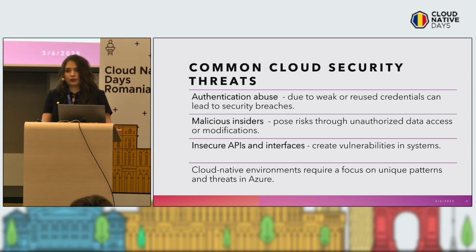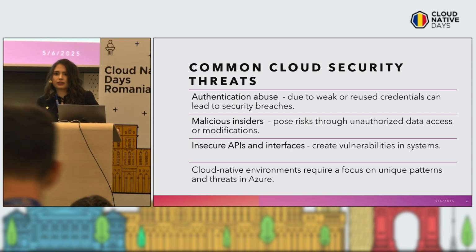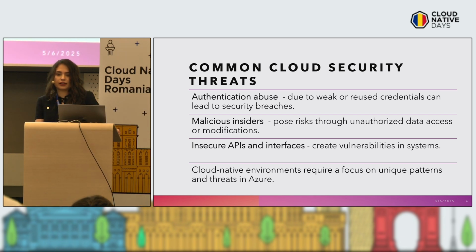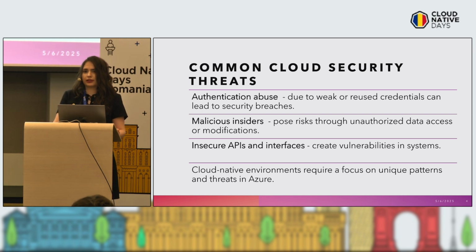It's different from authentication bypass, as the users are authorized, but there are flaws in the authentication system that are exploited by attackers. Next, malicious insiders, whether intentional or accidental, lead to unauthorized modifications in the application or the system.